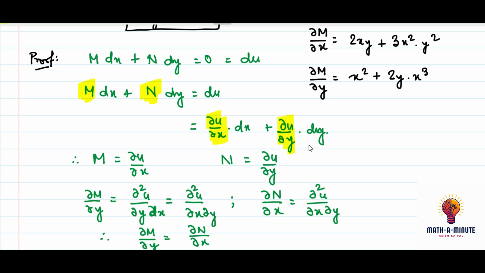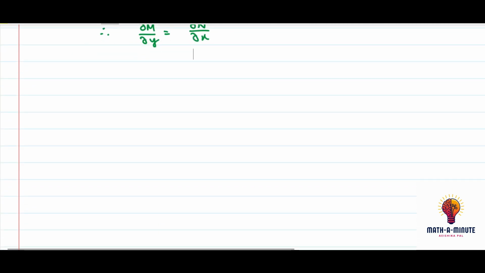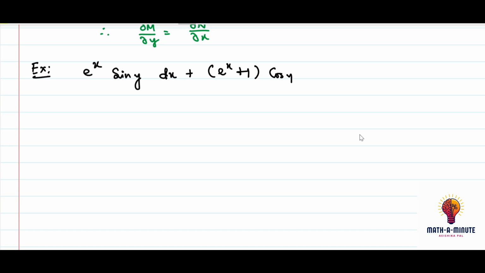Now try to understand how to apply this result to check whether any given differential equation is exact or not. So for an example, let me take this example: e to the power x sin y dx plus (e to the power x plus 1) cos y dy equals 0.